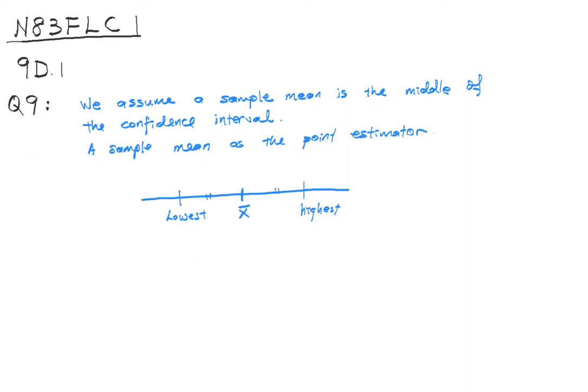Every time I give you a confidence interval, you want to know the sample mean that is used to come up with it. So what do you do? You take the highest plus the lowest, and you divide by 2. Isn't it? Correct or not?